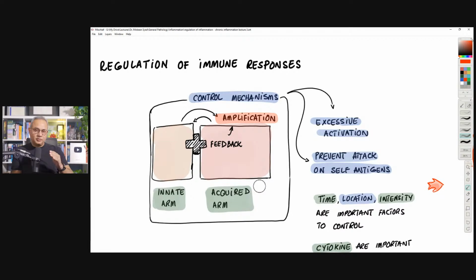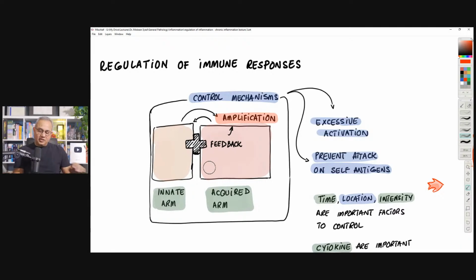The acquired arm needs to be targeted towards a specific kind of antigen. It has to be taught to go react to a specific antigen. The innate arm is the first responder. It does not care what the antigen is. It just generally sees something offensive in the body and it reacts.